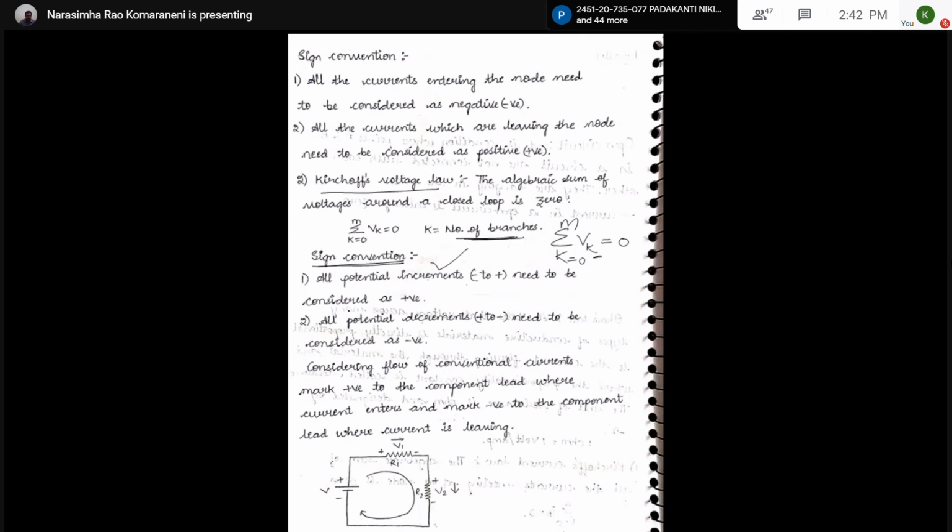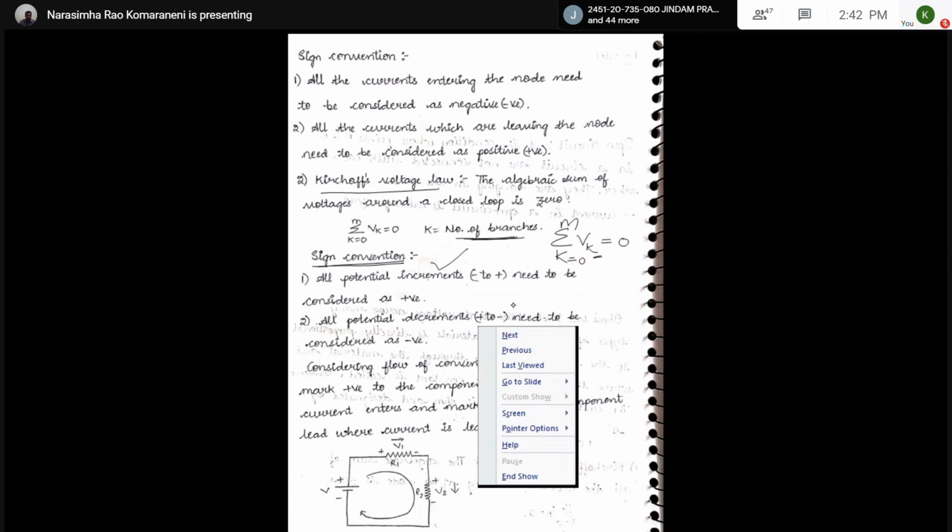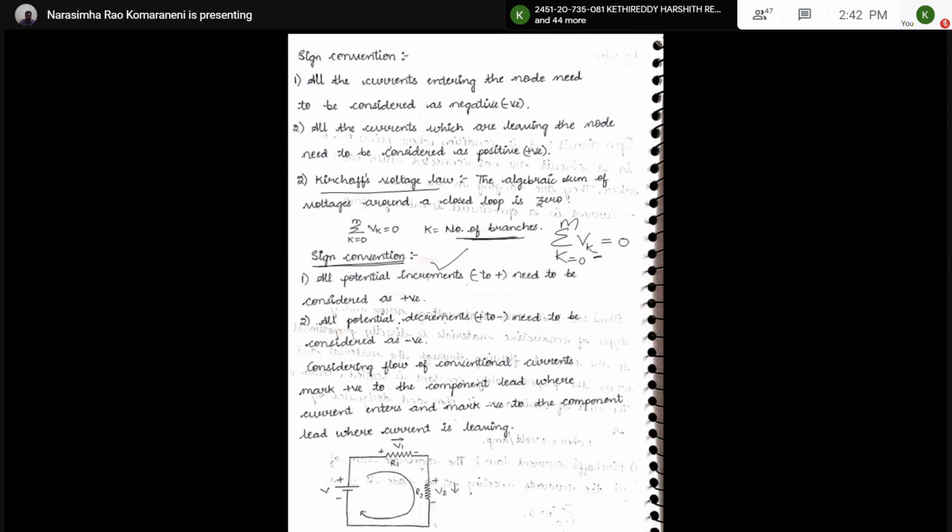Similarly, if the conventional current is entering at the positive terminal and leaving at the negative terminal, we call it a potential decrement. For a potential decrement, you consider the sign as negative, and for a potential increment, you consider the sign as positive.